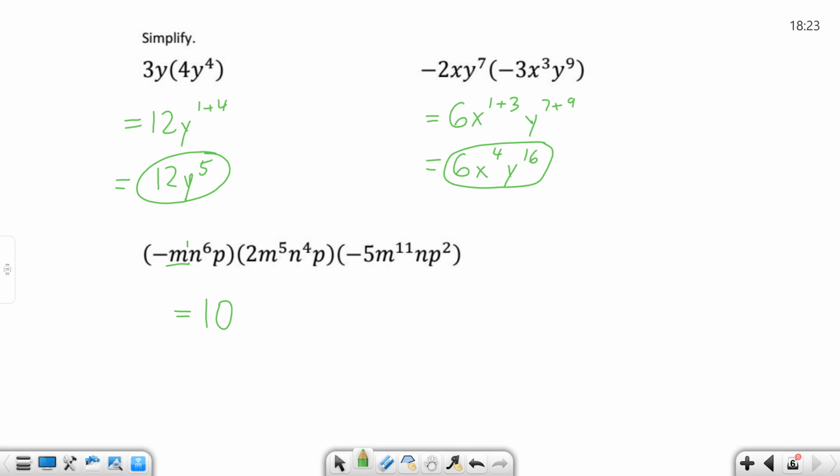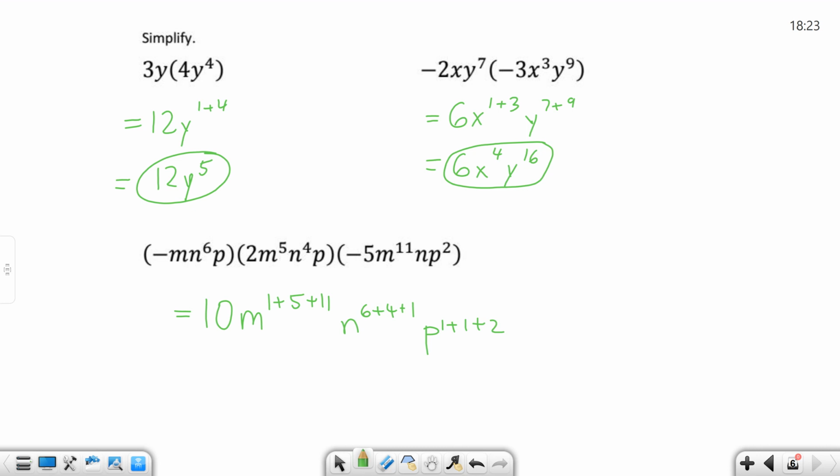Then we have m to the 1st, m to the 5th, and m to the 11th. So we have m to the 1 plus 5 plus 11, right? And then we have n, we have 6, 4, and 6 plus 4 plus, this is a 1? So 1, and then p, we have 1 and 1, right? So we have p to the 1 plus 1 plus 2.